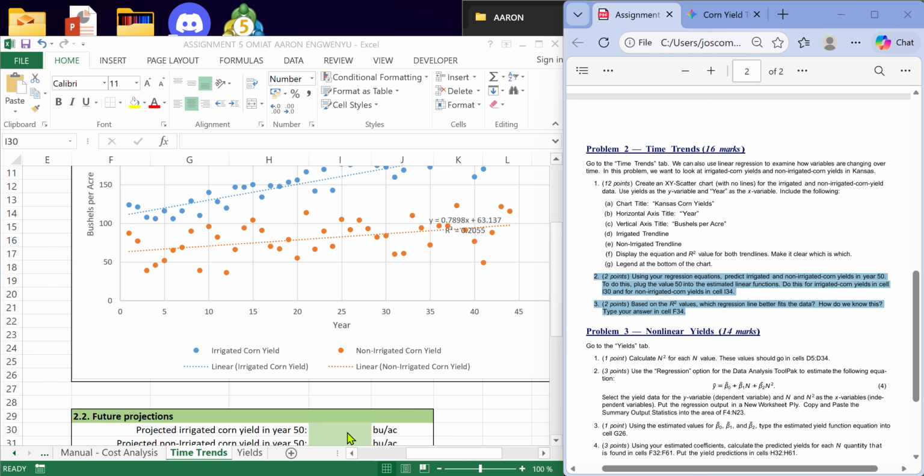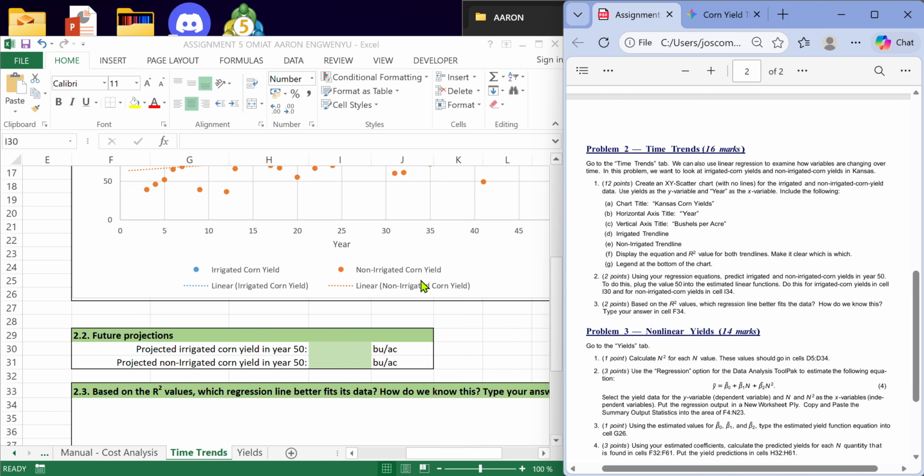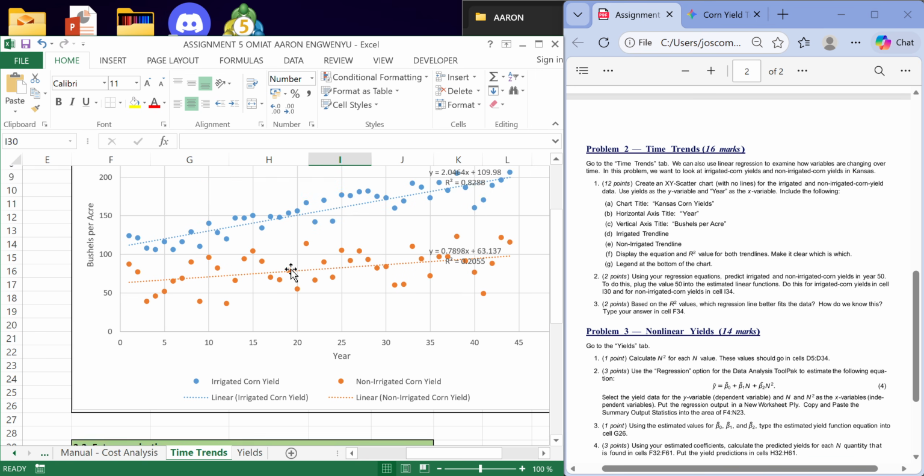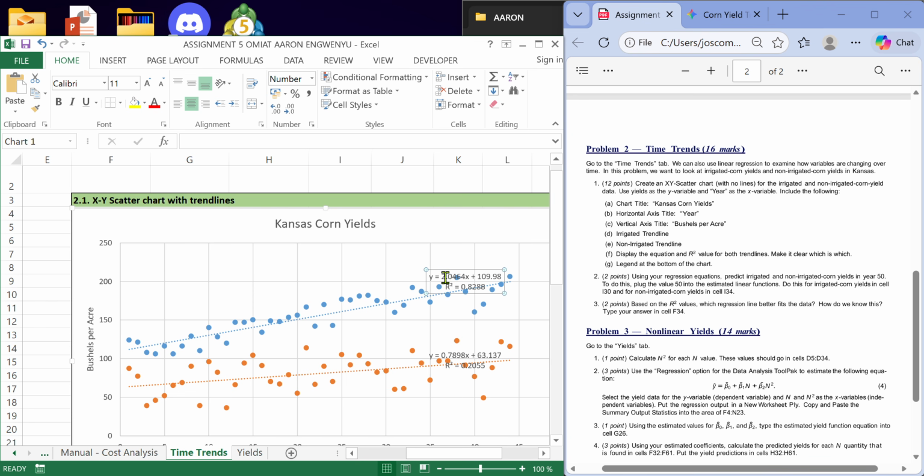So what we are going to do, remember our x is the year. What were we told to do? Use your equation to predict irrigated and non-irrigated yields. So we go to this one, projected irrigated. Okay, irrigated is the blue one. We shall copy this.